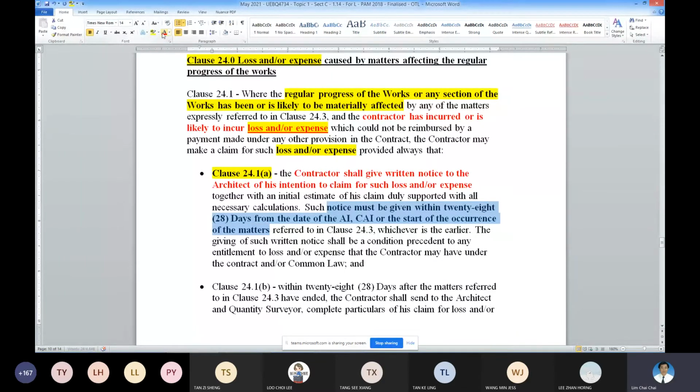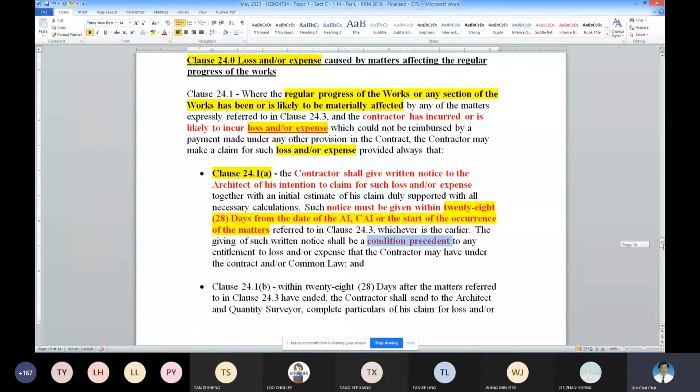You also need to submit within 28 days of AI or CAI or the start of something relevant. Clear? So this is a condition precedent for your entitlement. Without doing that, your rights are gone contractually.